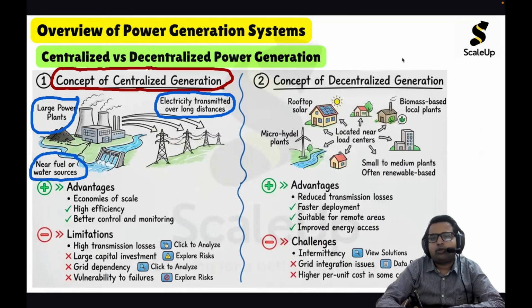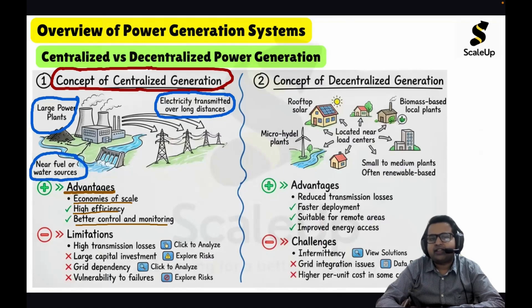If we talk about the advantages, since they are large power plants, we achieve economies of scale. High efficiency we achieve, better control and monitoring we achieve. So centralized power generation offers better control and monitoring, high efficiency, economies of scale.